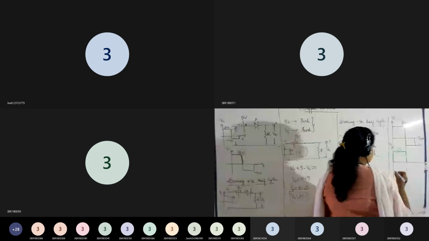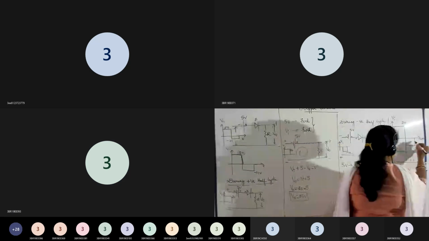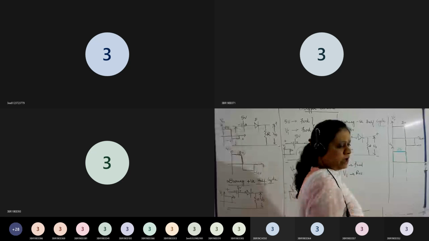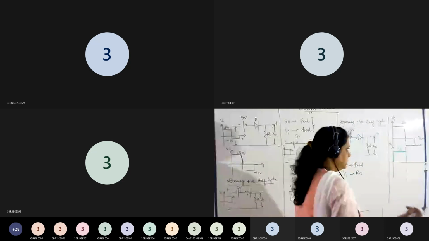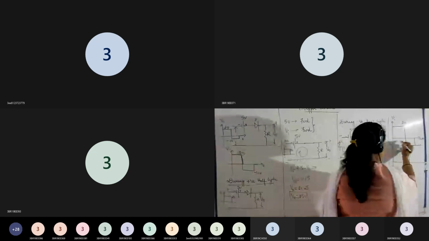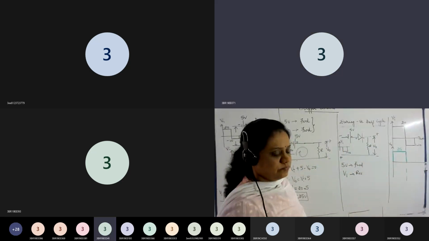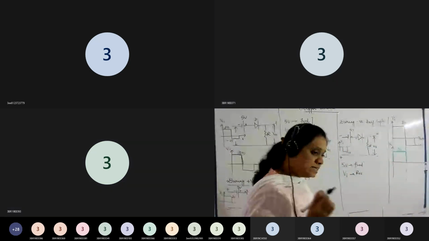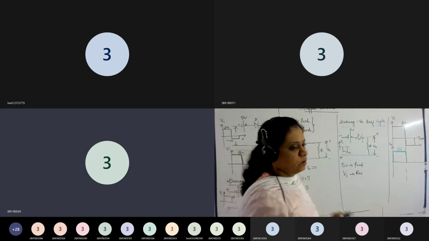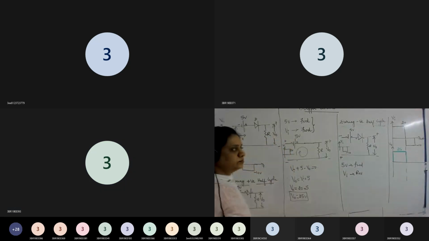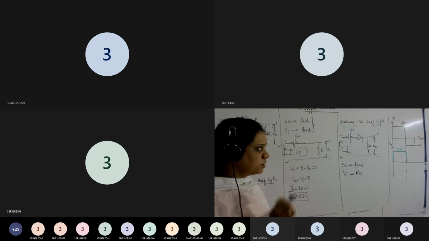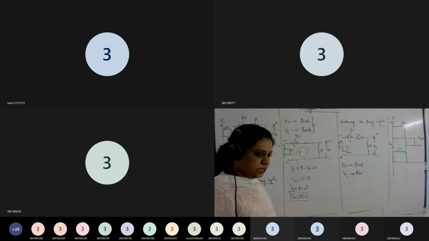My question to you: should I take the 5 volt line in the negative half cycle? Anyway, you don't have any opposition in the positive half cycle. So the 5 volt line should be taken in the negative half cycle only, no? My question to you: is it necessary to take the 5 volt line in this problem during the negative half cycle?